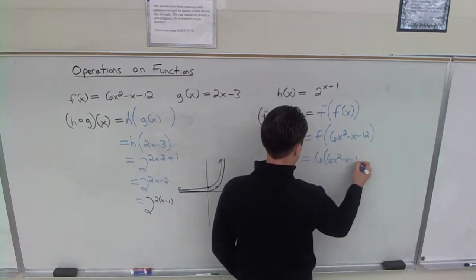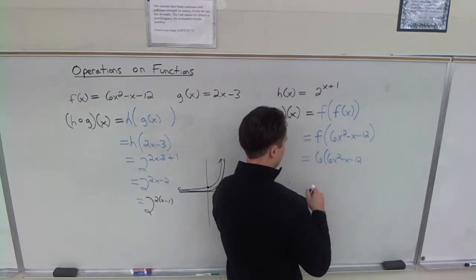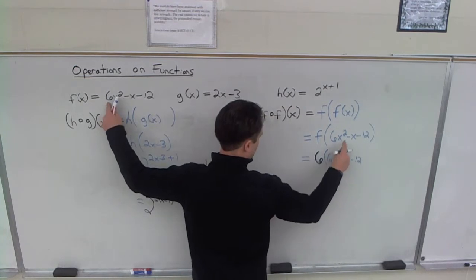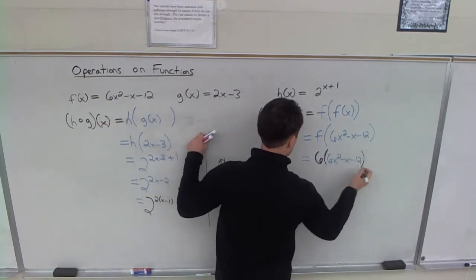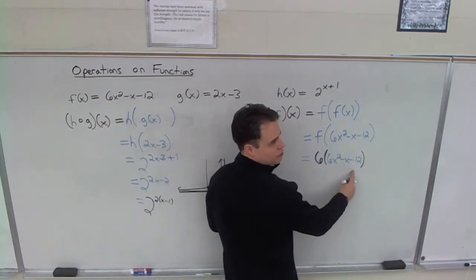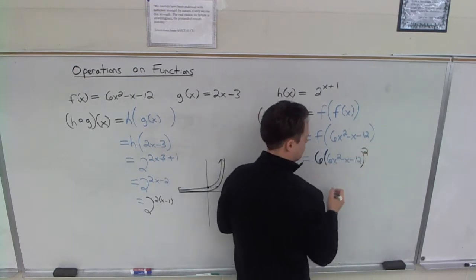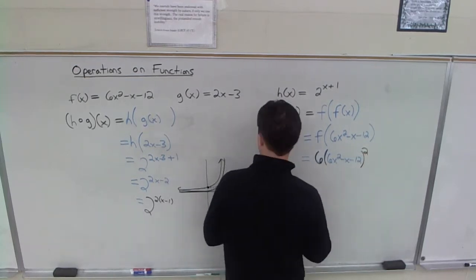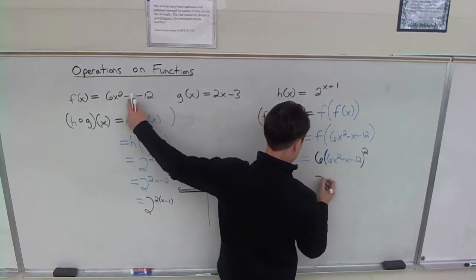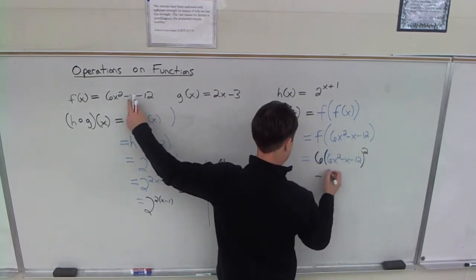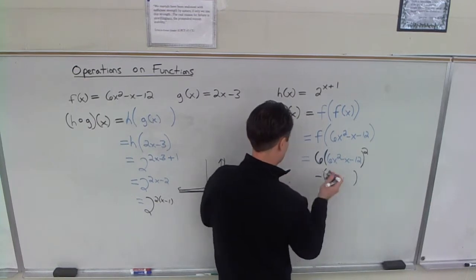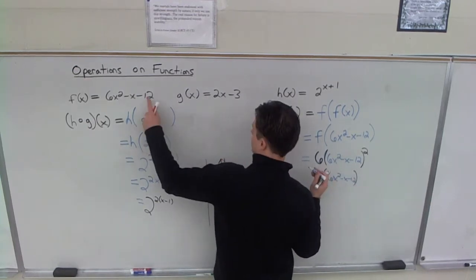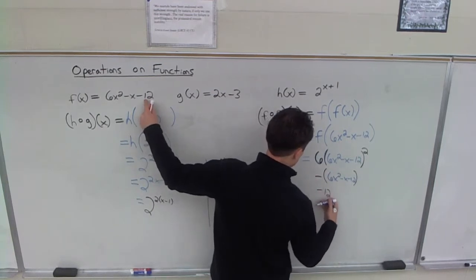I'll color code it even for you guys. There's that 6. Then I'm putting this stuff into it. And what do I have to do with this stuff? Square it. I'm not going to simplify this one. And then I'm going to go minus that stuff, and then minus 12.